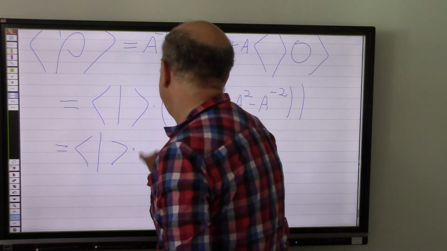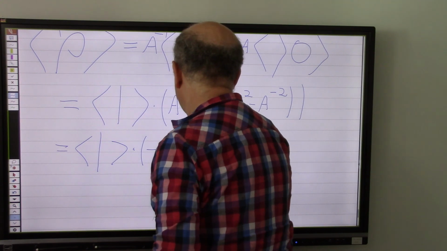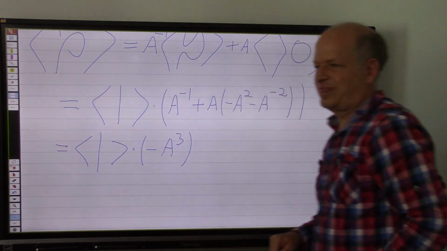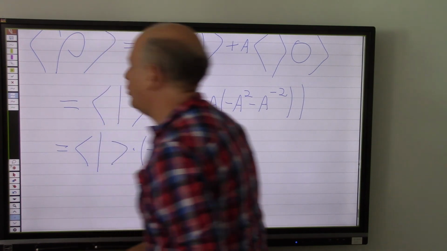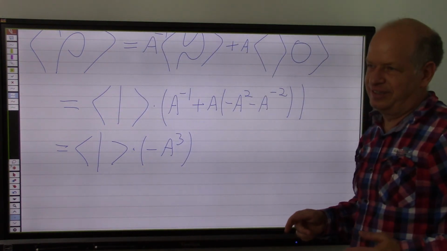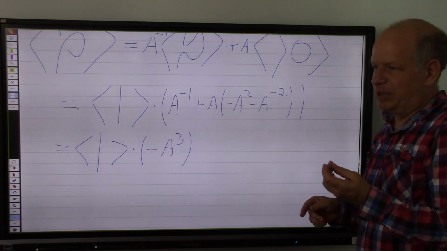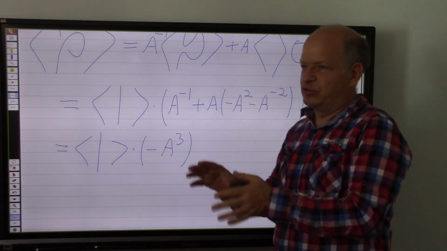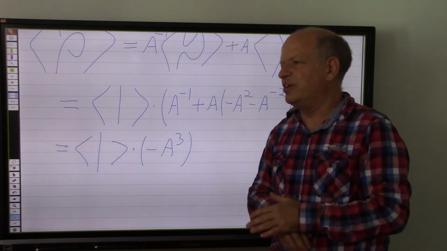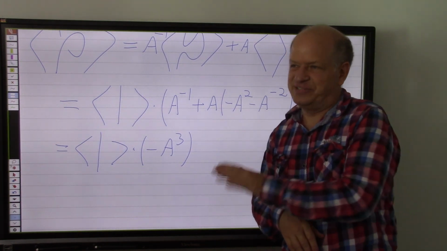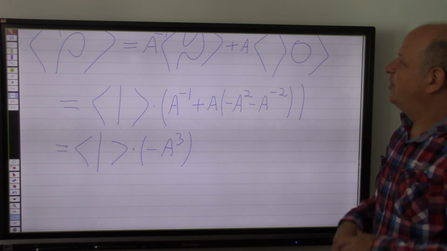So I get this times negative A cubed. And in fact, you can check, so okay, we should be very disappointed, but here's a little secret about knot theory. If there are issues only with Reidemeister 1s, usually you can find a way around them. So let's find a way around here, okay?